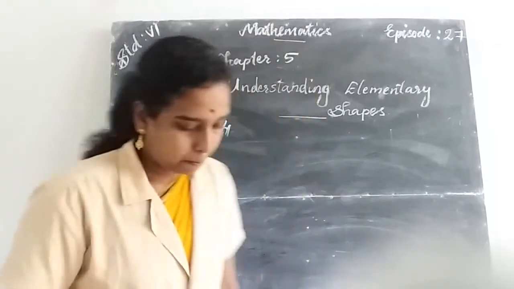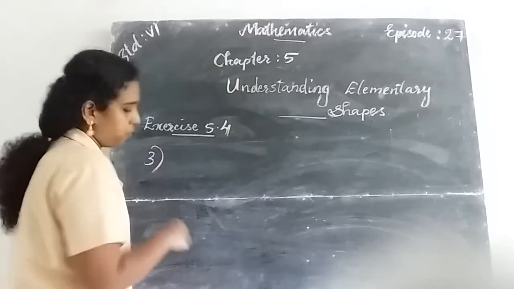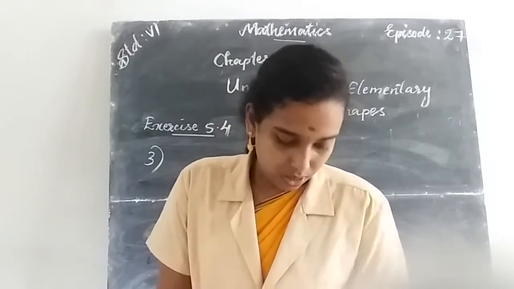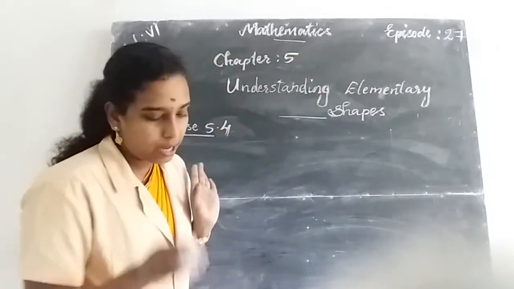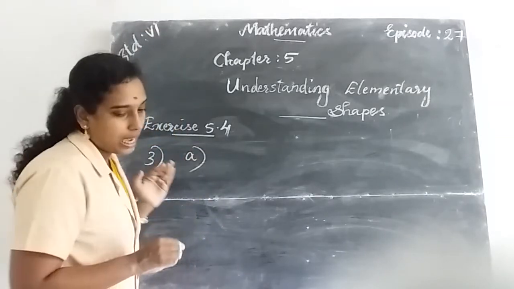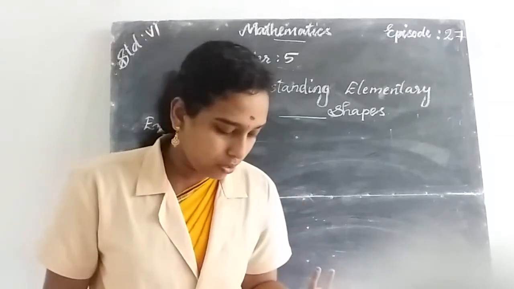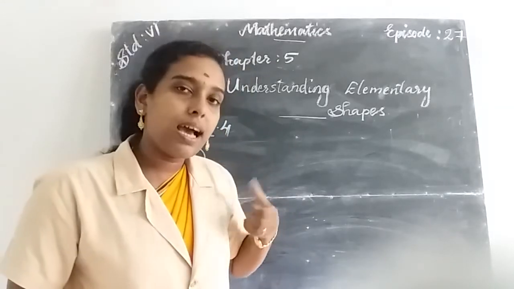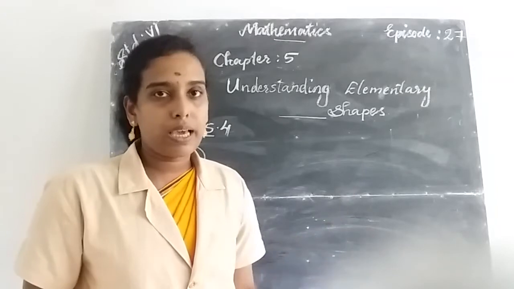Question number 3 in exercise 5.4. The question is, write down the measures of the following. The first one is some acute angles. So we want to write the measures of any two acute angles. An acute angle means the angle is less than 90 degrees.